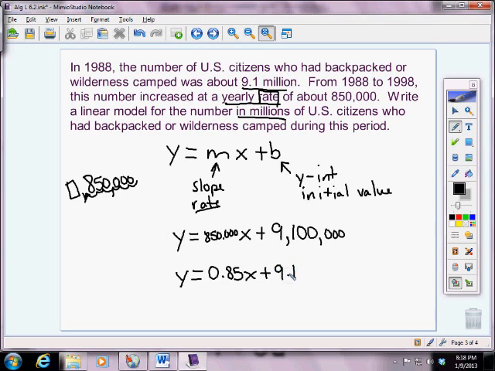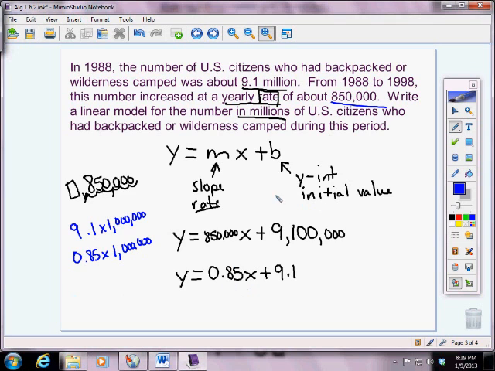Again, the reason for that is if I just put 9.1, it's 9.1 million. If I were to go 9.1 times a million, that would be my answer. That's why if I were to go 0.85 times a million, I would get 850,000.